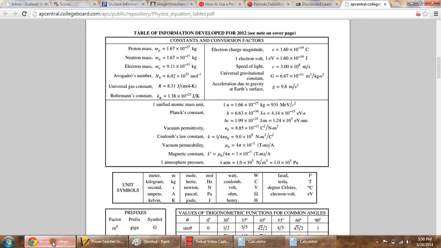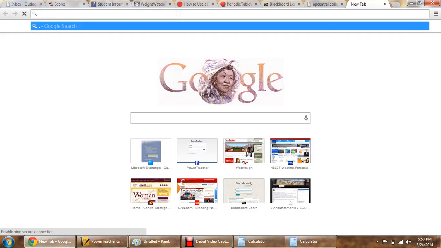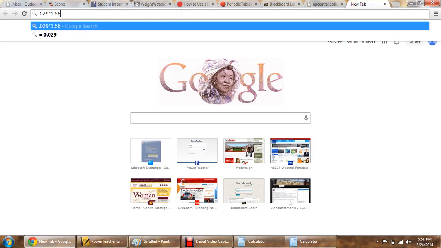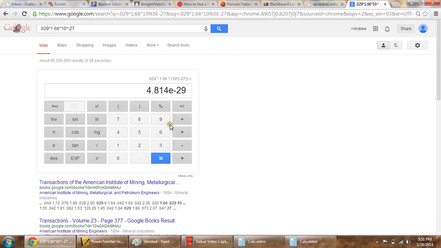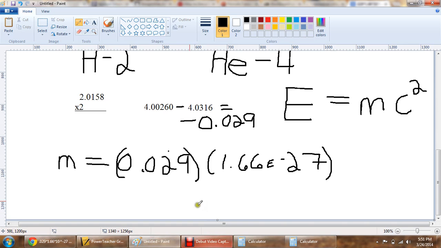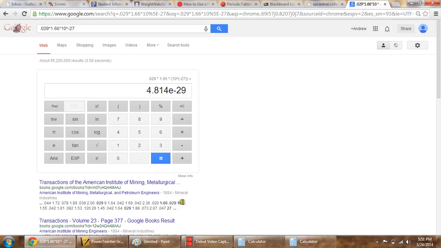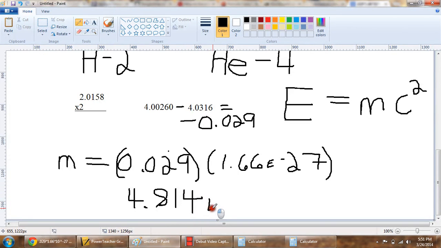And you know what? I'm going to use a Google calculator because I don't like that. It's 4.81 E negative 29. We take that, multiply it by the speed of light.